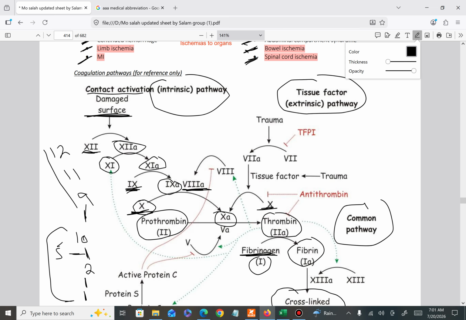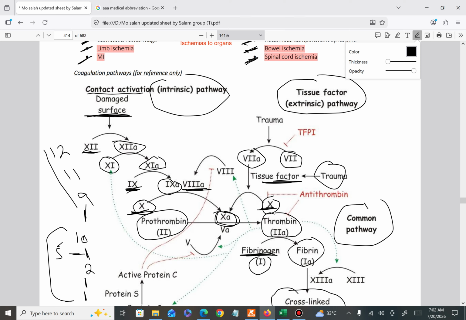Now the extrinsic pathway will start from trauma, which releases the tissue factor, and the tissue factor will convert factor 7 into activated factor 7, and then activated factor 7 will convert factor 10 into activated factor 10.